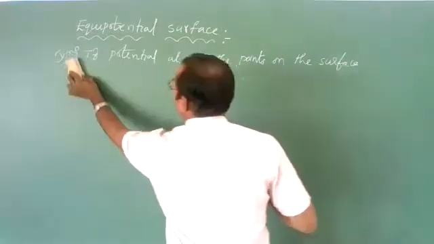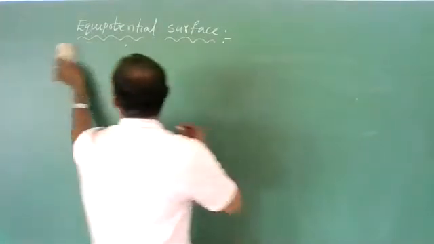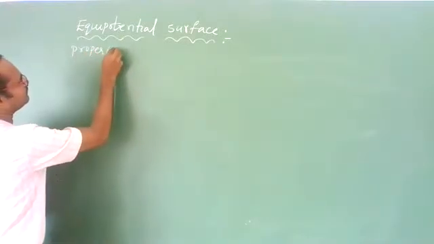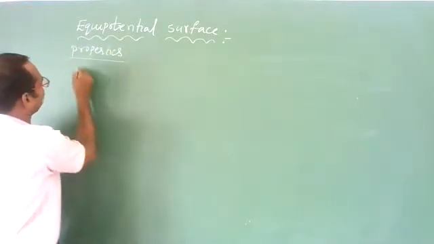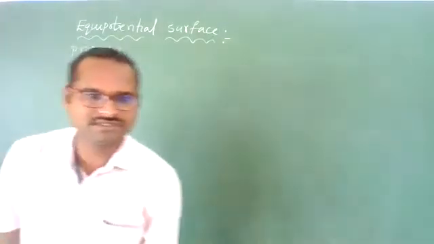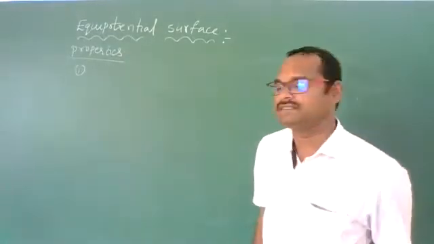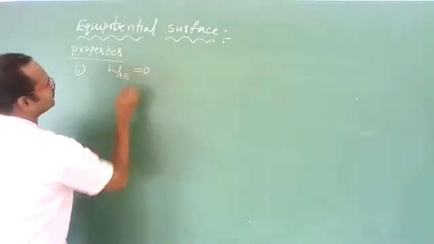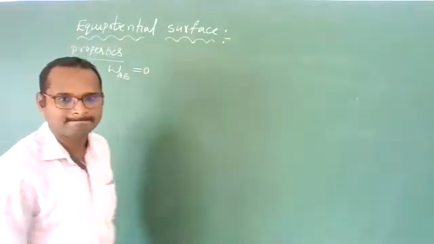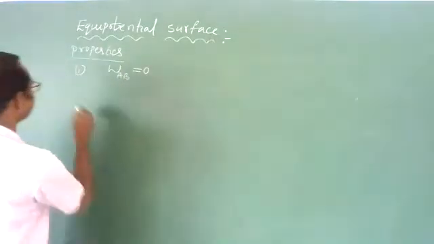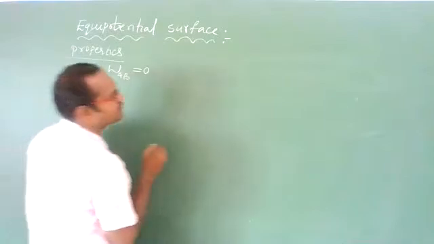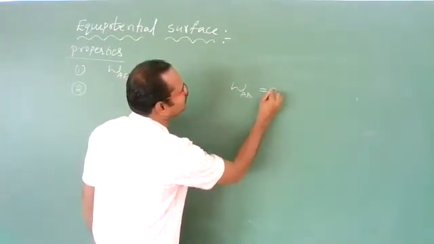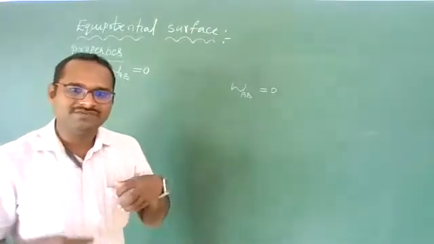Now, the properties of equipotential surfaces. First point, whatever we have discussed, that is, no work is done. Work done in moving a charge from point A to point B is always 0 on an equipotential surface. Next, second point. Just now I told you that work done in moving a charge from A to B is equal to 0. What is work done?